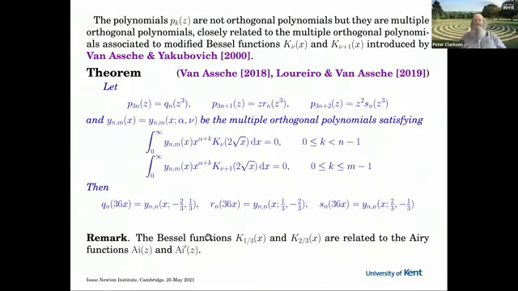Okay, now these are not orthogonal polynomials, but they're multiple orthogonal polynomials, and they're closely related to multiple orthogonal polynomials associated with modified Bessel functions introduced by Van Assche and Kuijlaars. And in fact, there's a recent theorem due to Van Assche and Kuijlaars that expresses these polynomials in terms of the multiple orthogonal polynomials, where the kernel is a modified Bessel function.